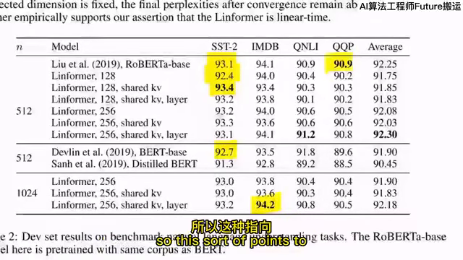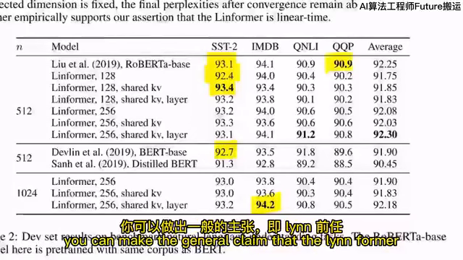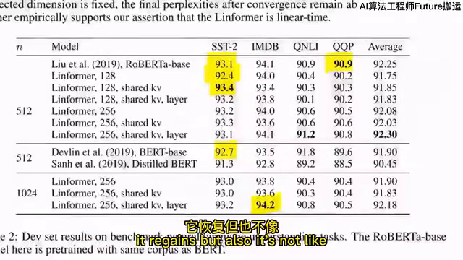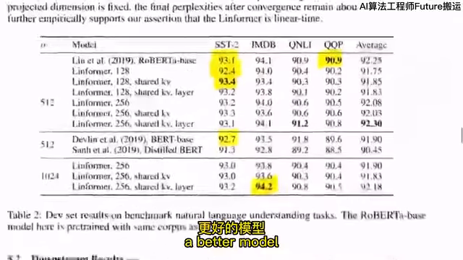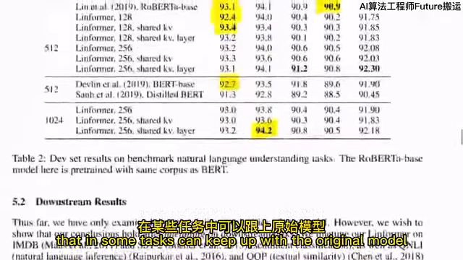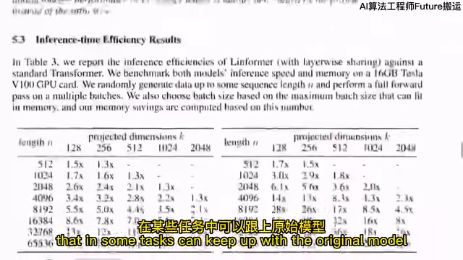So this sort of points to, you can make the general claim that the Linformer doesn't destroy your gains, but also it's not a better model. It's simply a faster model that in some tasks can keep up with the original model.